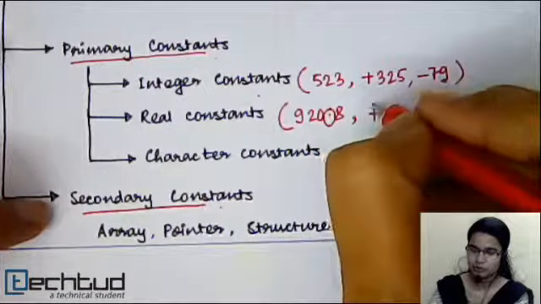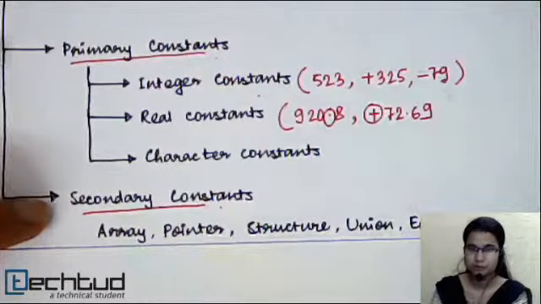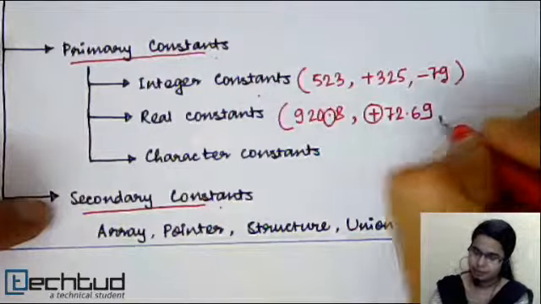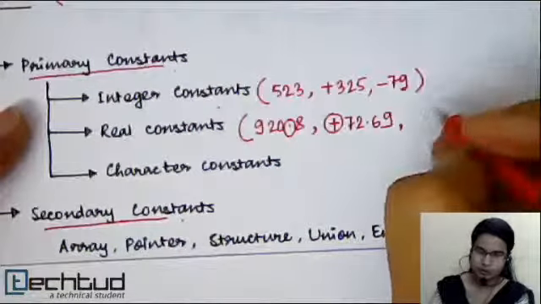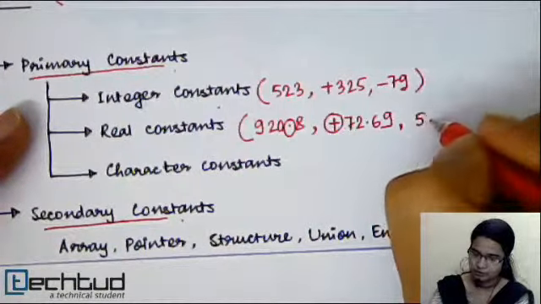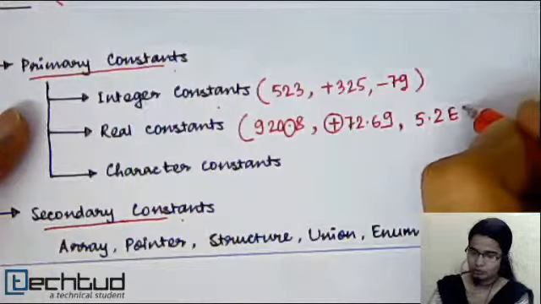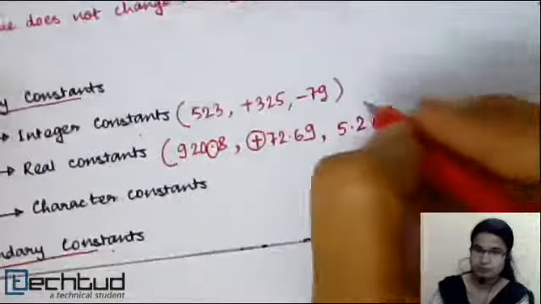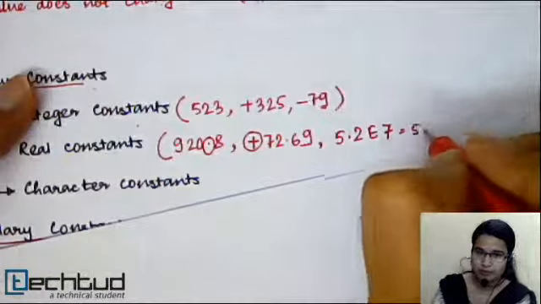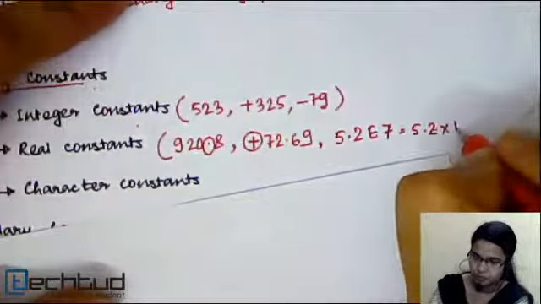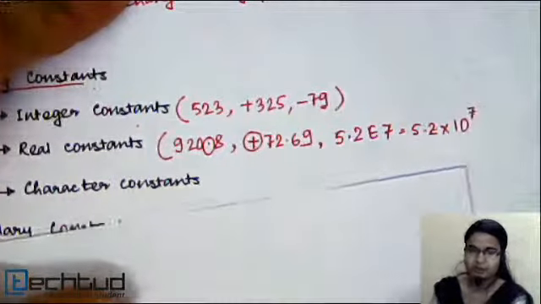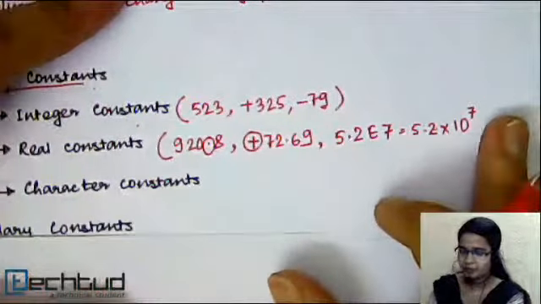We can also optionally write plus or minus in front of it. If the constant is really big or really small, we can write it like this: 5.2 E, capital or small, maybe 7. It means 5.2 into 10 to the power 7. Alright? Okay.